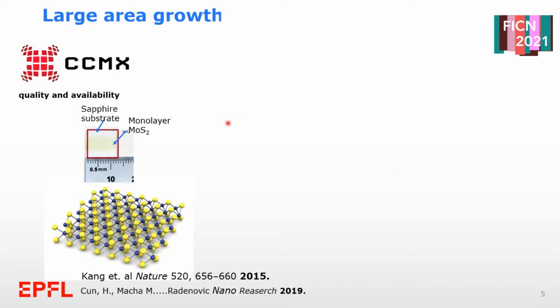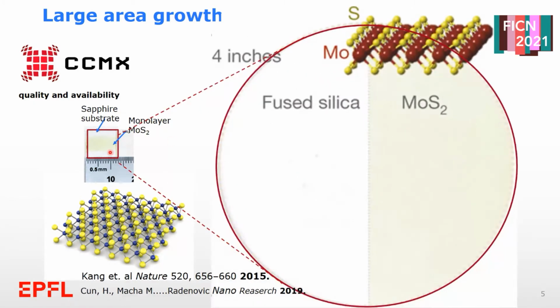But again, for getting large throughput, reproducibility, and access to many devices, our imminent goal was to translate this type of small scale growth to wafer scale growth. This is also interesting in the context of industry, because industry typically deals with devices and applications where larger areas are needed.